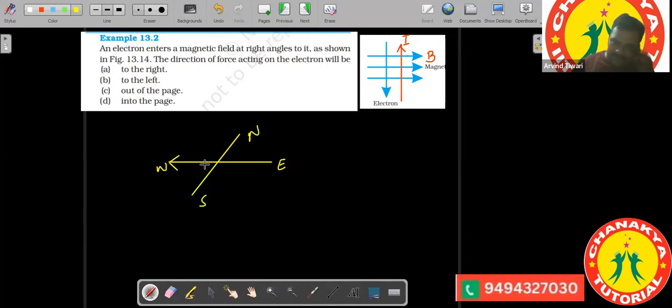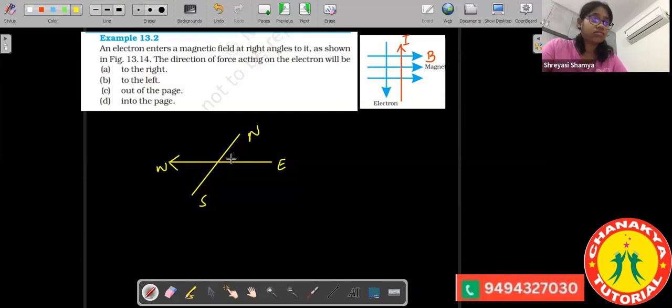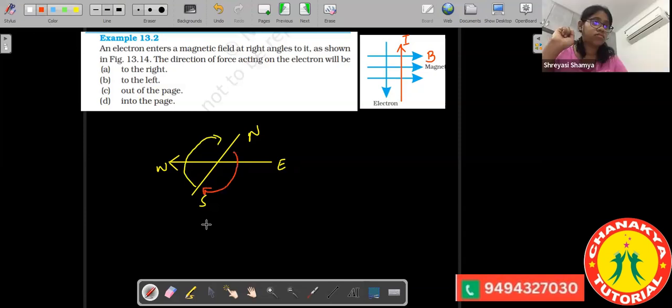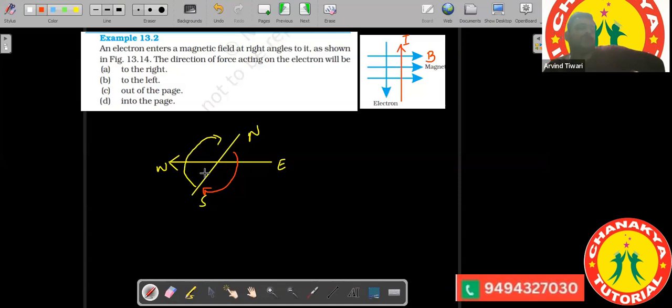This is the direction of current. If you observe the magnetic field lines as per the Maxwell rule, above the wire the magnetic field lines will move from south to north, and below the wire they will move from north to south. So, sir, north to south means below the wire? Yeah, north to south means below the wire. It was the question that we had discussed, but in the opposite way.